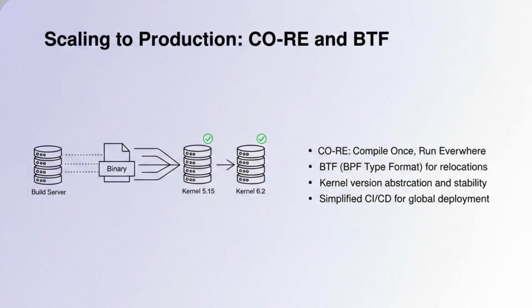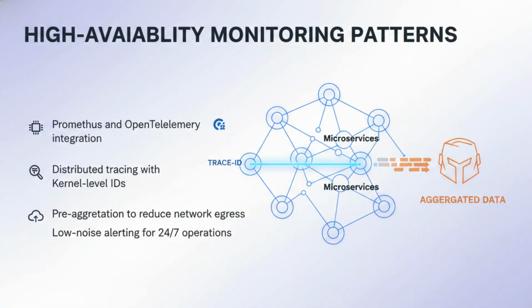In ultra-scalable systems, monitoring the monitor is crucial. We integrate our Aya-based tools with global observability platforms like Prometheus and OpenTelemetry. By exposing a metrics endpoint in our user space Rust application, we can export kernel-level data directly into our existing dashboards.